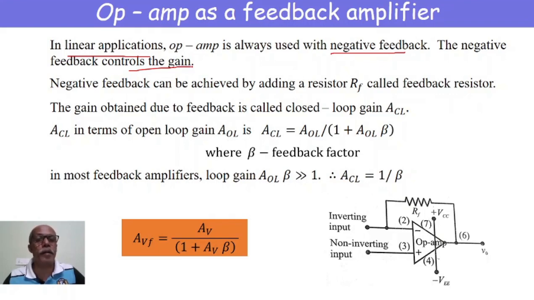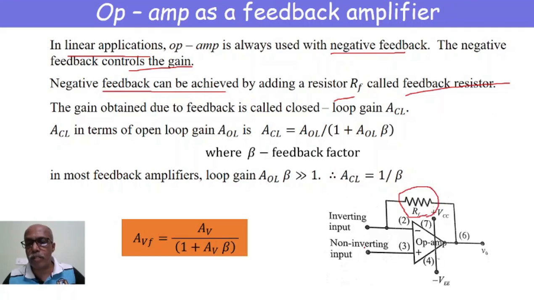It controls the gain. And negative feedback can be achieved by adding a resistor called feedback resistor. So you can see here in the figure, this is the feedback resistor.